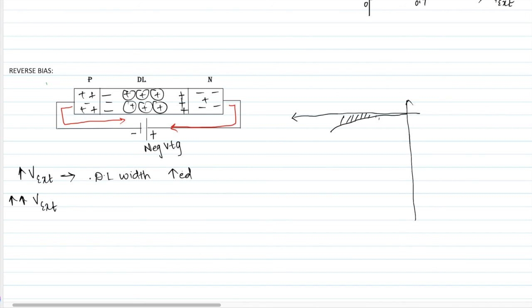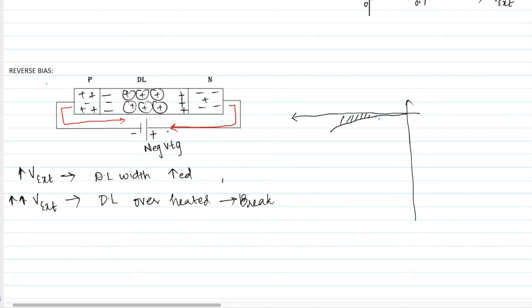So what happens is that from the voltage they will try to acquire a large amount of energy, and they will try to move. When they acquire the large amount of energy to break the depletion region and move, this depletion region will get overheated, and it will break.